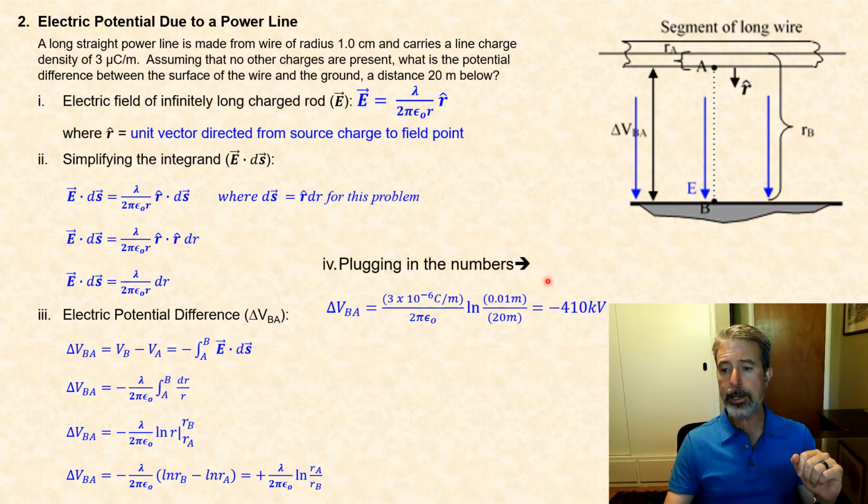I just want to point out that the electric potential of a charged spherical conductor can be found using the same process that we used. Since we know what the electric field looks like for a sphere, and we know about the radial symmetry, we can use a similar unit vector r hat.